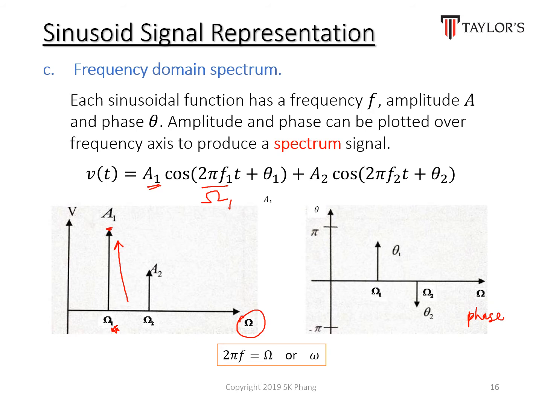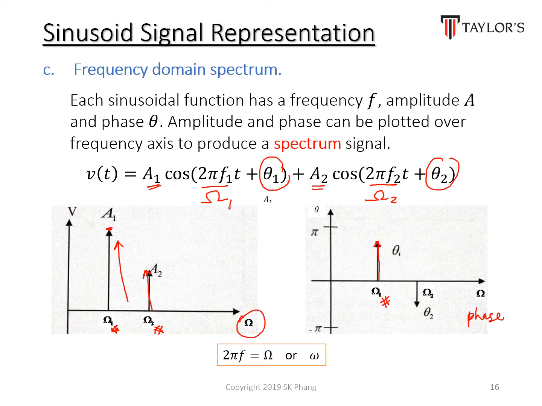And if we have a summation of multiple cosine waves, we can keep adding onto this frequency domain spectrum. For example, let's say this is omega 2, 2 pi f2, and we have a magnitude of A2. So there is a spike of magnitude A2 at this omega 2 frequency. And as for the phase of the cosine waves, we also write it at the same omega 1 frequency, where we have a phase of theta 1.